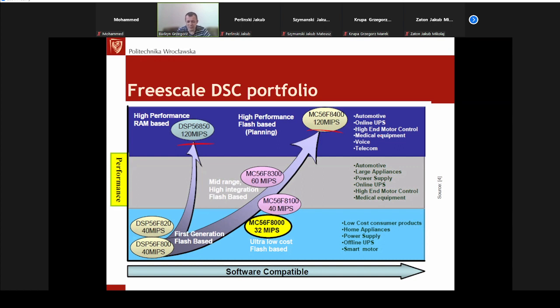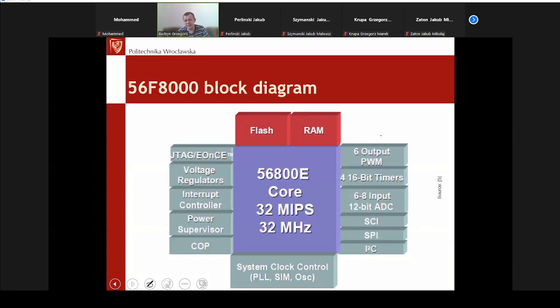So even lower range than the Texas Instruments that I tried to show you just a few slides before. Still, you can find it. I wouldn't recommend actually using it, as they don't have anything really special compared to standard Cortex families, or even this Texas Instruments portfolio, or this DSC by Microchip.